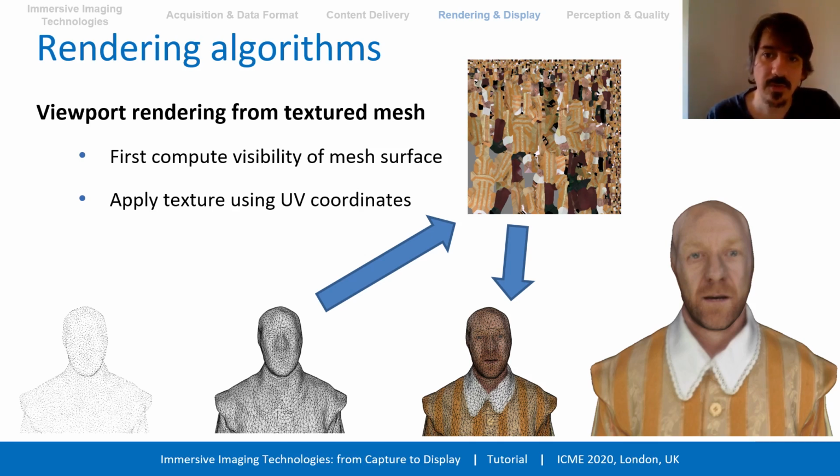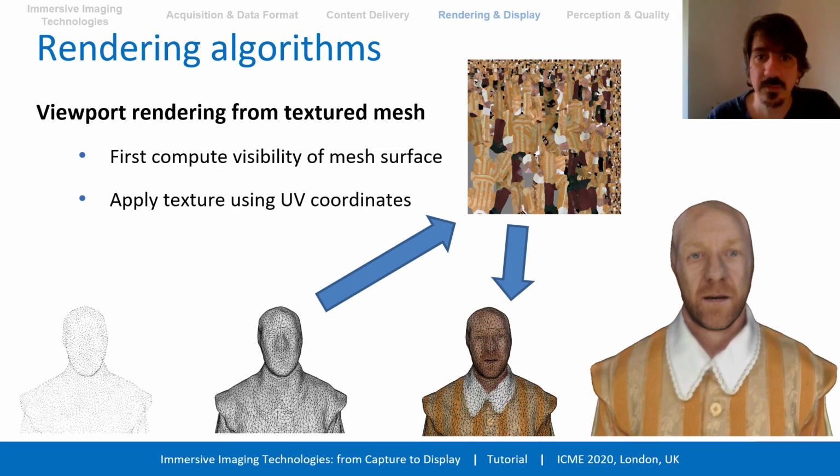So for example, the visibility of the vertices and faces of the mesh, shown here on the left, can be decided by checking that they first are in the viewport frustum, and that the face is correctly oriented towards the viewport, or that there are no other elements occluding this face. Then the texture is drawn on the visible surface from the texture atlas using the UV map. Possibly we can also use the information about the lighting condition from the material file.